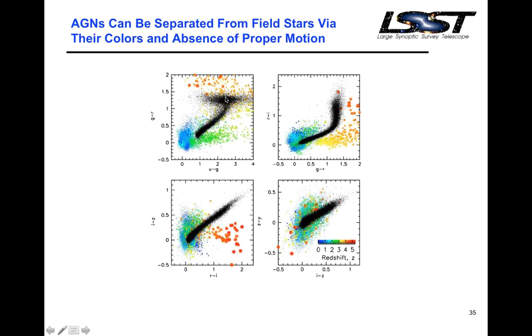The stellar locus is shown as the black points, and where AGNs would sit as a function of their redshift is shown as these color points, as indicated here. And you can see only a relatively small fraction of AGNs actually intersect the stellar locus when you have all these different color combinations to use. But on top of that, in contrast to the stars, remember, we'll be able to detect proper motion of stars out to a kiloparsec or so. The AGNs will not be moving in the sky. And so that gives you another criterion.